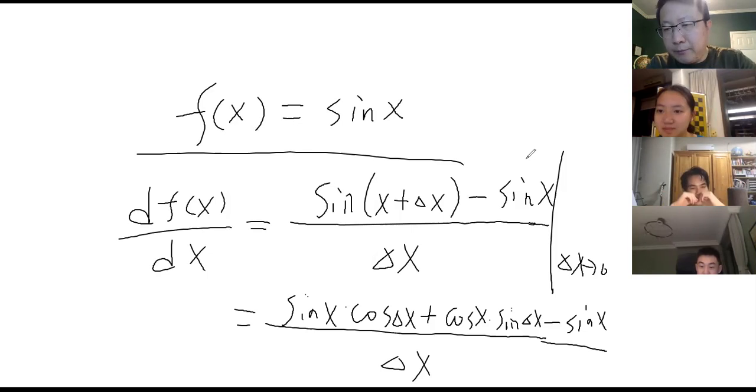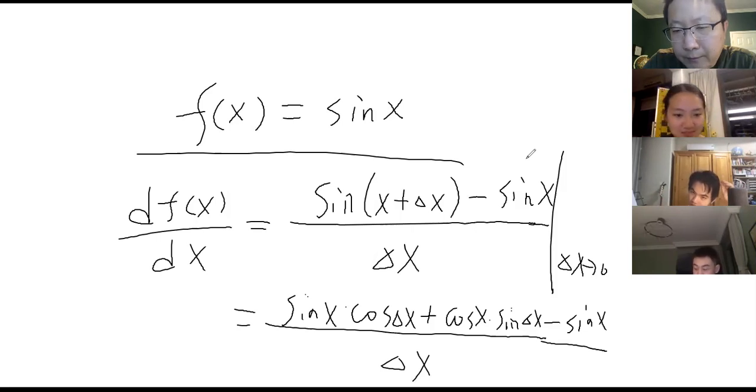I think it is sine of A plus B equals sine A cosine B plus cosine A sine B. Correct. That's the equation. So you need to learn more trigonometry, okay? Mind saying it again, Leo?